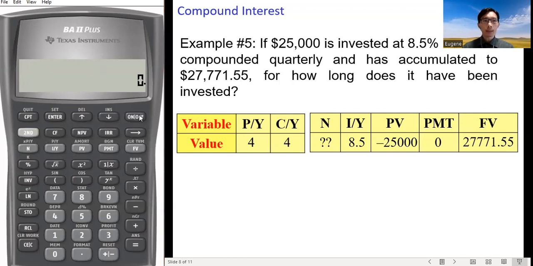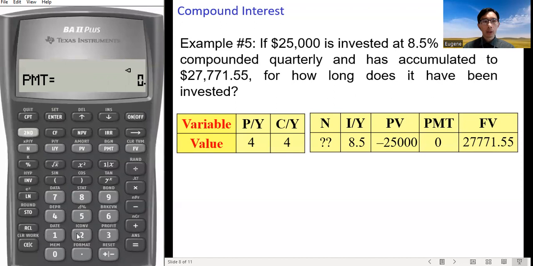Get to the calculator, enter the frequencies. 4 for PY and CY. And then we need to compute N. So enter IY, 8.5. PV, negative 25,000. Zero for PMT.